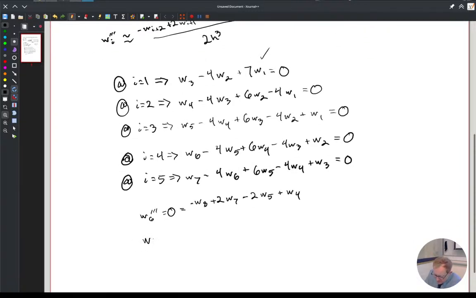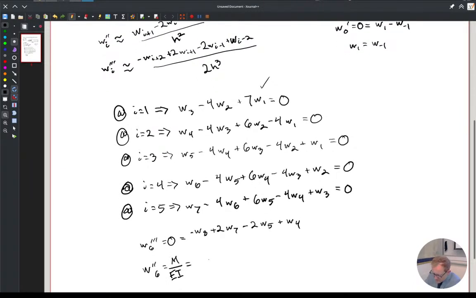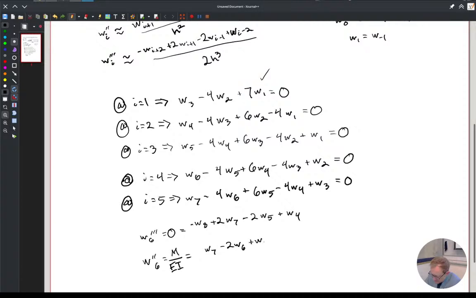So then we also know w double prime of 6 equals our applied moment over EI, which is going to be w7 minus 2w6 plus w5 all over h squared.